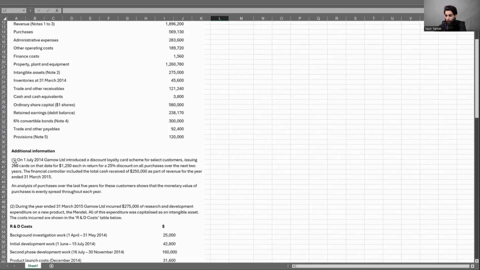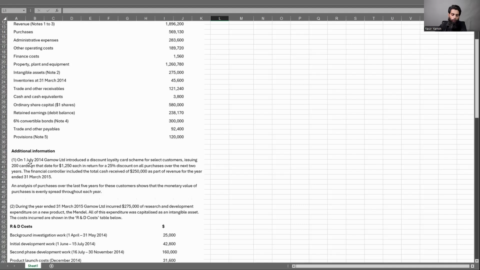The examiner says under note number 1, on 1st July 2014. What do you mean by 1st July 2014? Your accounting year end is 31st March 2015, so this is technically 9 months before the year end.